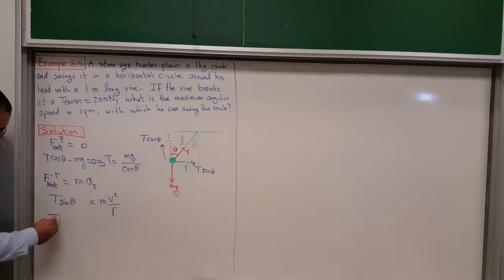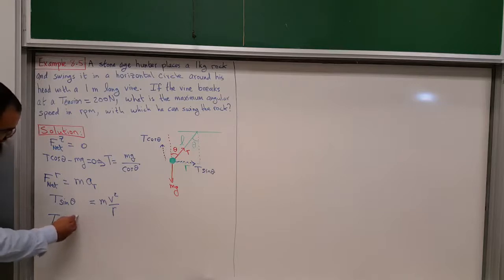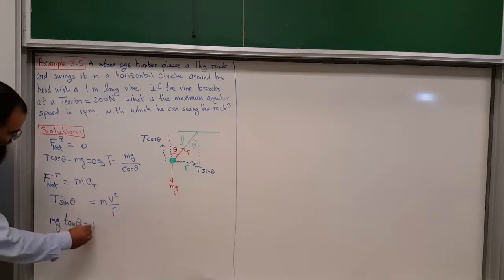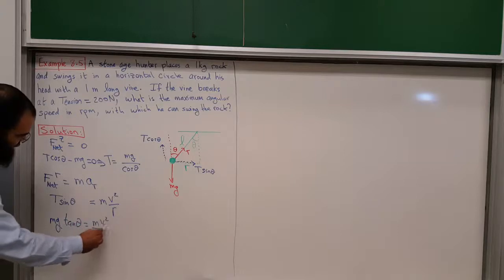So I would have the tension times the sine of theta, so it would be mg times the tangent of theta equals mv squared divided by r.